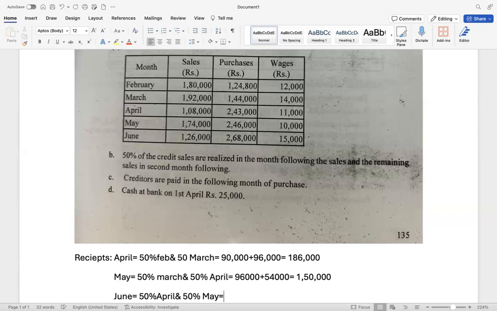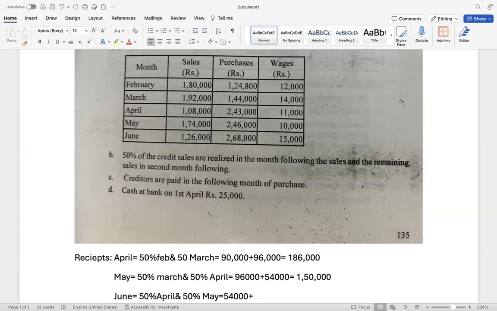May sales, if you look at, 1,74,000, and April sales are 1,08,000. So April sales we already calculated 54,000 plus May sales 1,74,000.